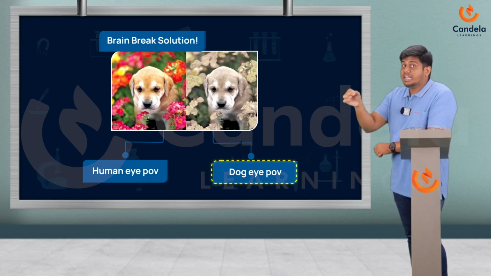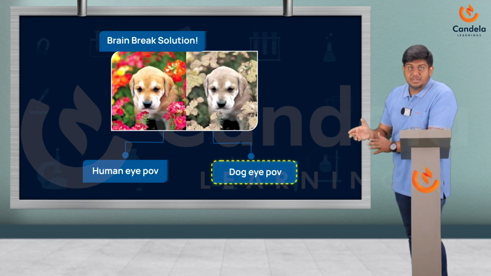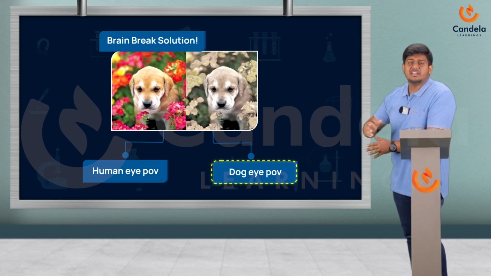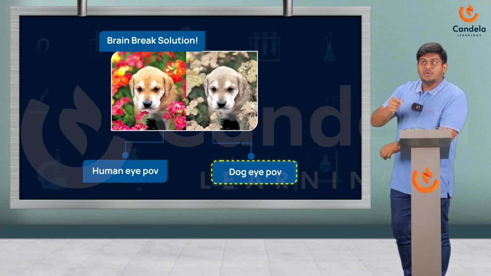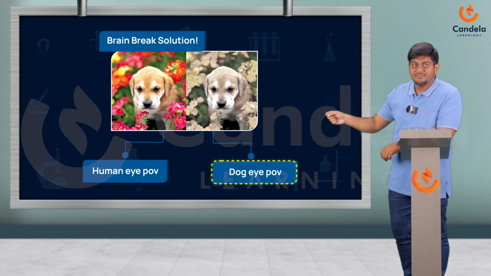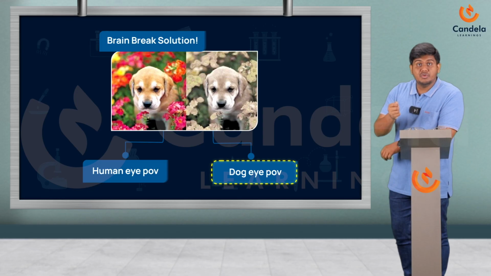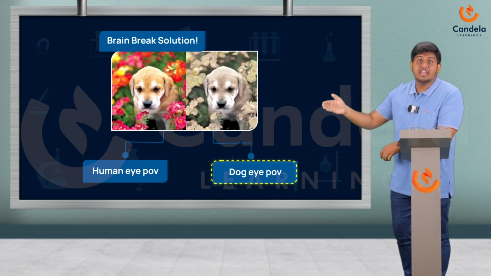Even if I give my lens to my dog, it will not help them because their eyesight is very different from my eyesight. Now, if you are good science students, you will be wondering, is this how every other animal also sees? I would actually invite you to go Google and understand more of how every animal has a very different eye vision.